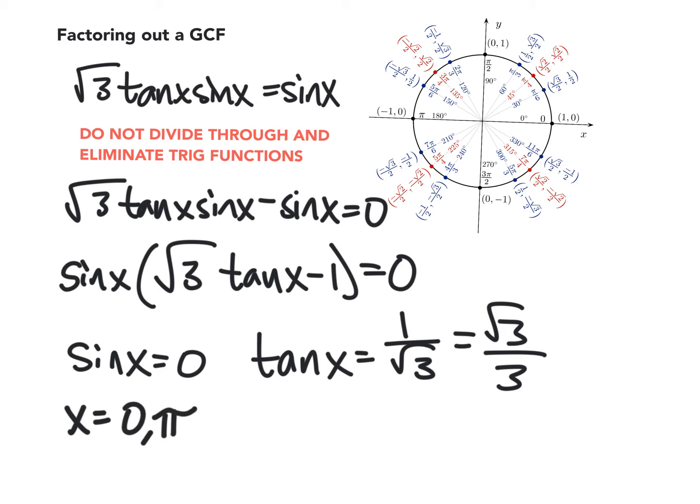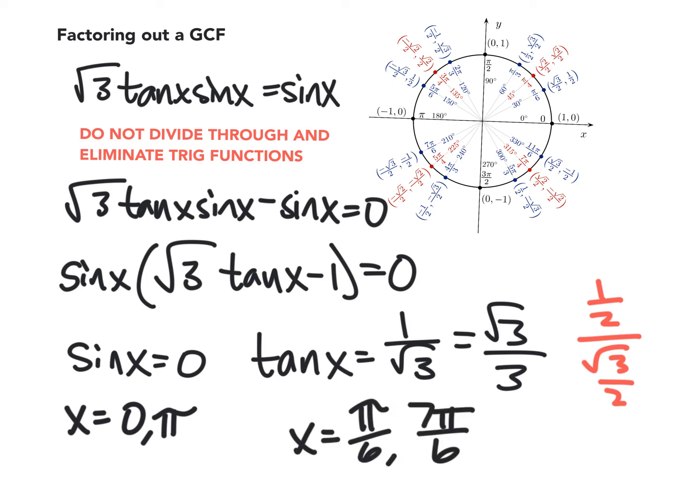And then remember that the tan of x being equal to root 3 over 3 comes from having 1/2 divided by square root of 3 over 2. So I'm looking for y values that are a half and x values that are square root of 3 over 2. They can either be both positive or both negative because I need it to come out positive. That happens at pi over 6 and 7 pi over 6.